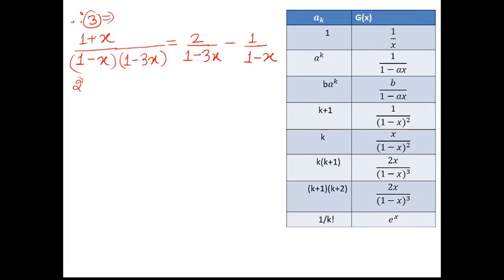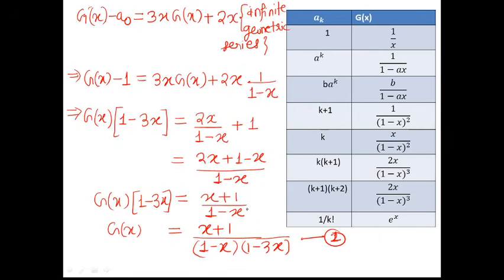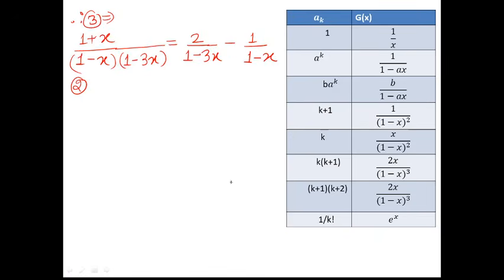So therefore this is to be used in equation 2, which you can see here. So equation 2 implies g of x is equal to 2 upon 1 minus 3x minus 1 upon 1 minus x.